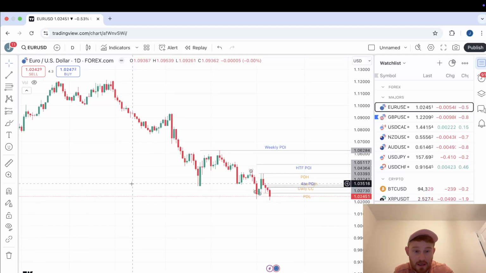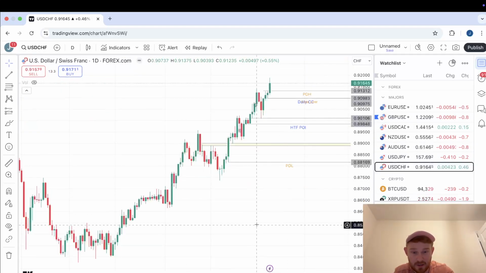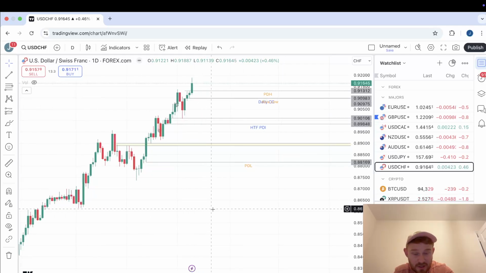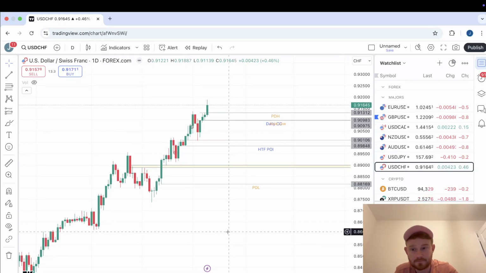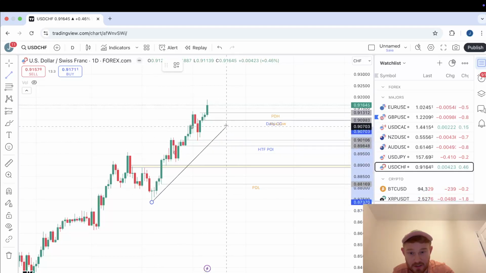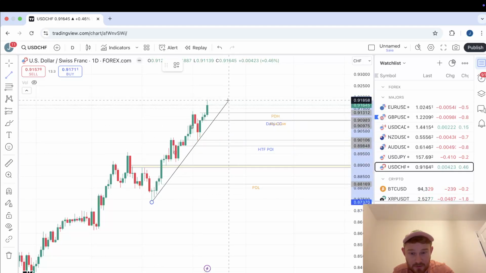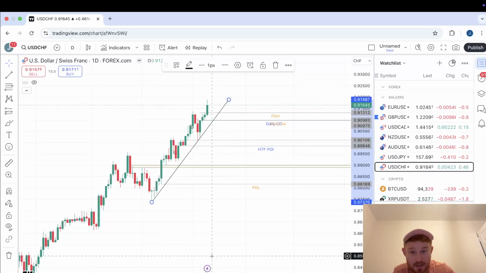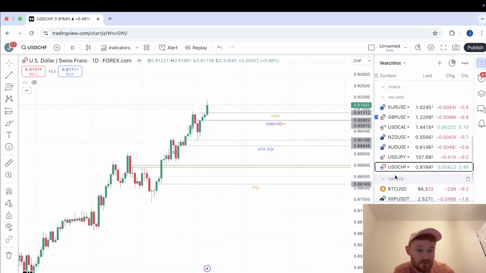And likewise on the flip side, say something like Euro CHF, you only really want to be looking for bullish trades on this. As you can see, the trend is extremely bullish, a steep gradient on that trend line. Again, not that I trade trend lines, but just to show as an example.